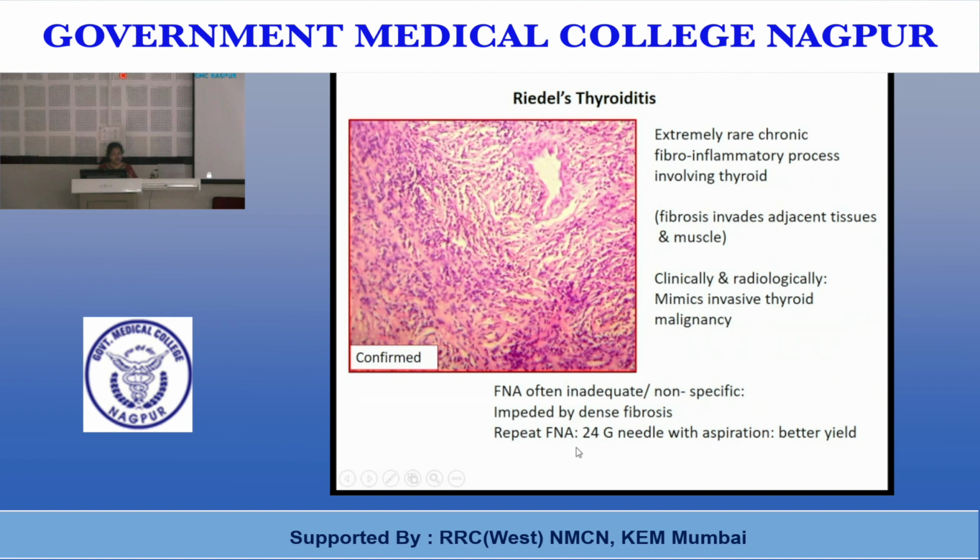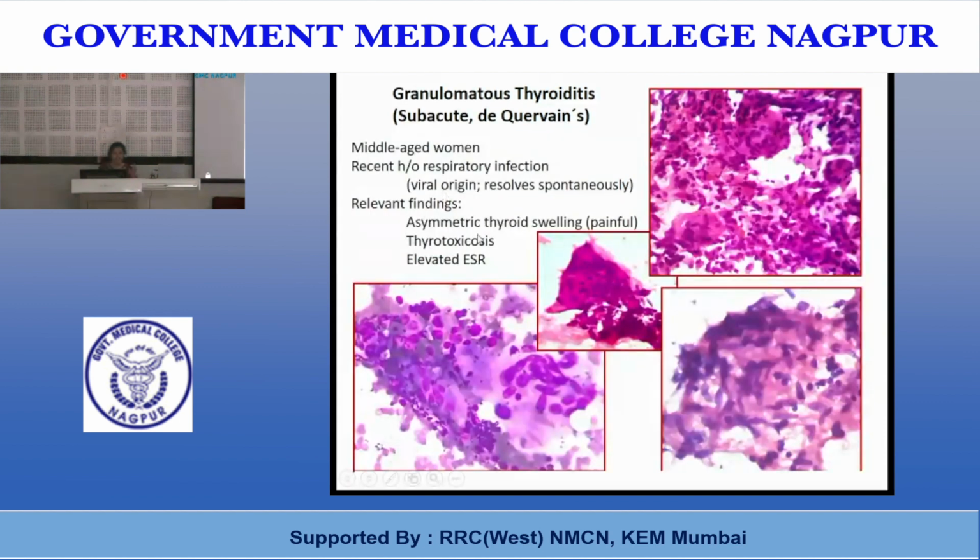Now coming to granulomatous thyroiditis, again women are affected. It's thought to be of viral origin. Usually it subsides on its own, but when the asymmetric thyroid swelling persists, then they come for FNA. And the first thing which catches our eye in the smear are these huge multinucleated giant cells. Sometimes you may even have 100 nuclei, and in this field you'll be able to identify many multinucleated giant cells.